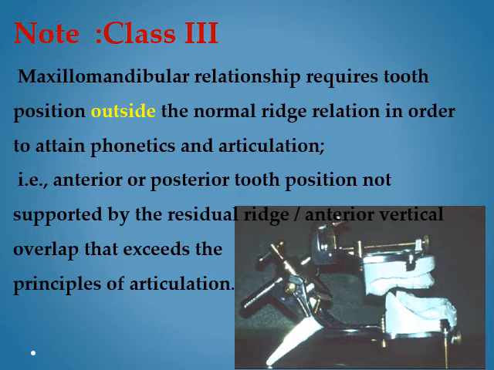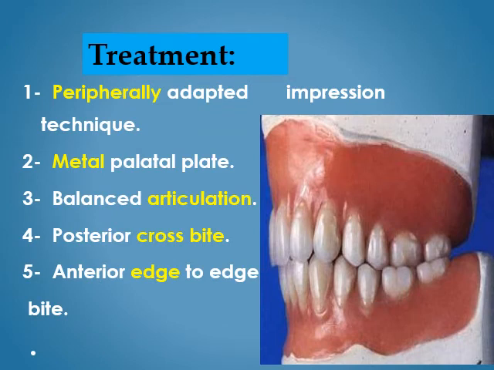Note that class 3 maxillomandibular relationship requires tooth position outside the normal ridge relation in order to attain phonetics and articulation, meaning anterior or posterior tooth position not supported by the residual ridge, and anterior vertical overlap that exceeds the principle of articulation. We can see the articulator, mounting of the upper and mounting of the lower. The treatment here: briefly, adapted impression technique, metal palatal plate, balanced articulation, posterior cross bite, anterior edge to edge. So in class 3 cases, the teeth arrangement must be like this.